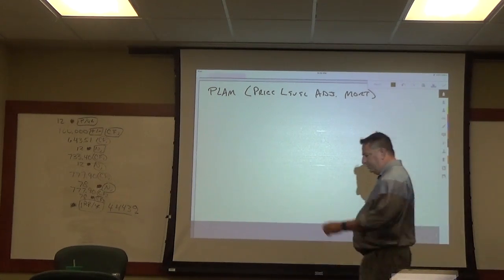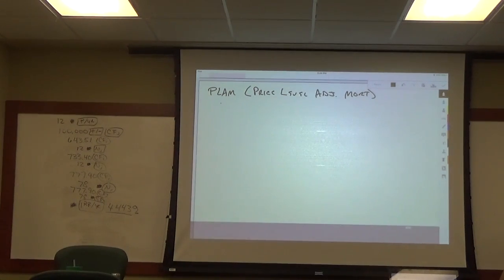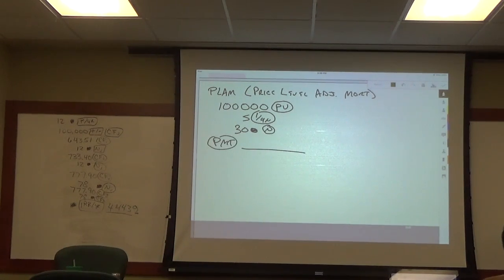Okay, so here's the way it would work. $100,000 mortgage. In this case, we're going to go with a lower interest rate, so maybe we'll go with a 5% interest rate. And once again, 30 years. We get our monthly payment.